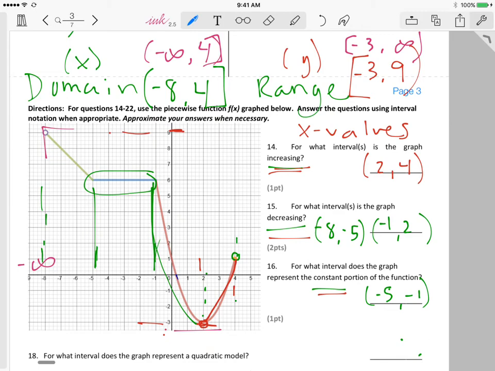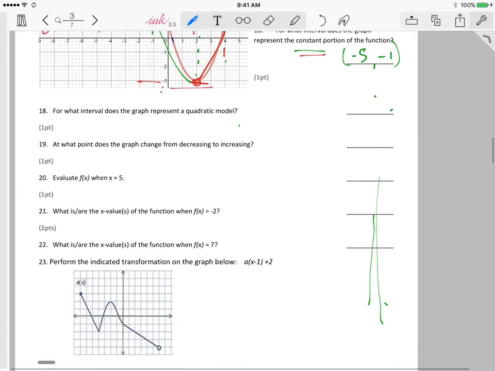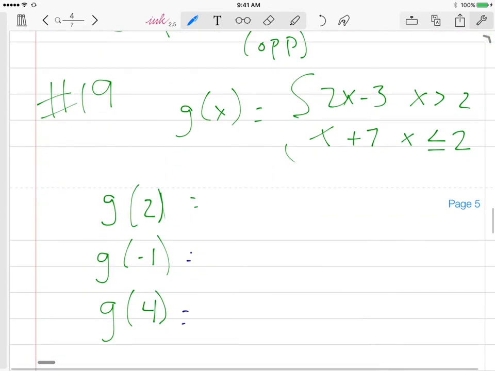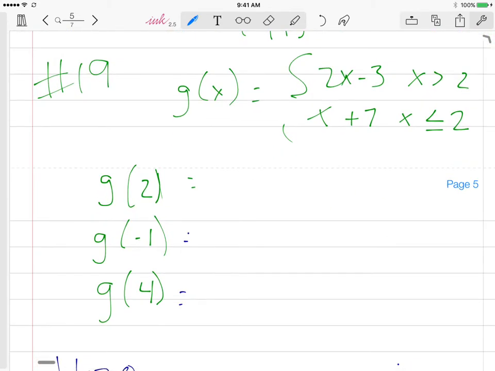The last part of your little online test here is you have these piecewise functions. Number 19 on the online test looks like this. Basically what you're doing is plugging all 3 of these numbers into one of these equations up here.